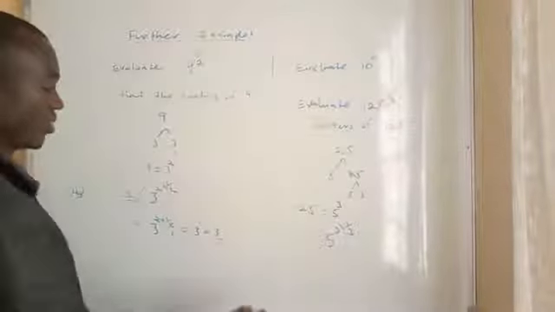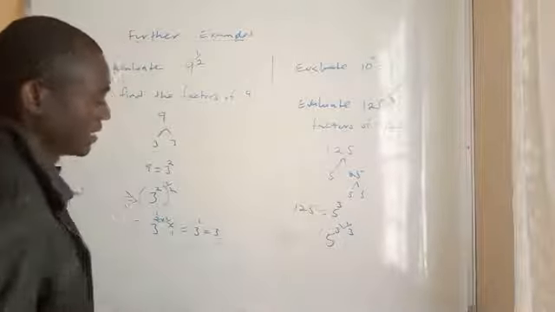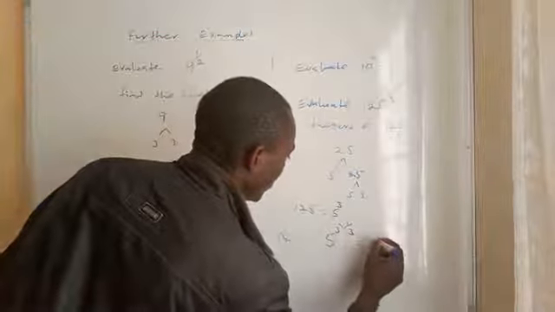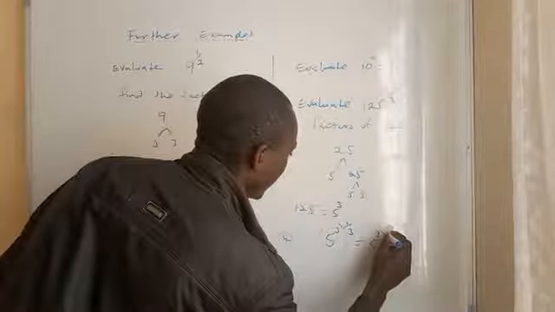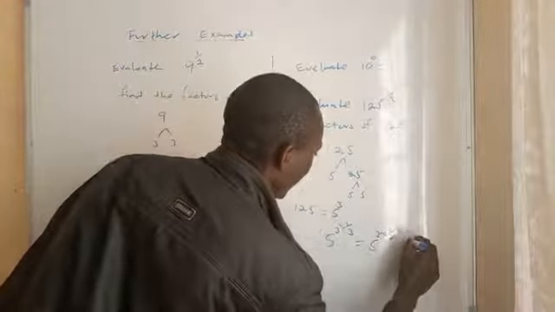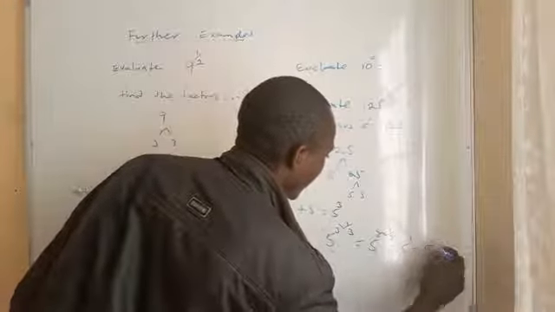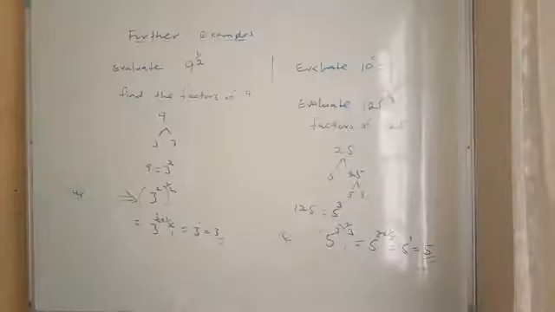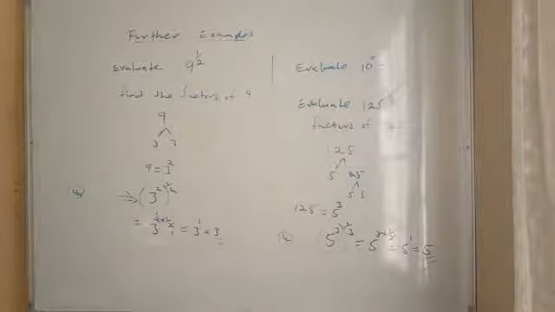I think that law number 4 has been applied. So this is 5 power 3 times a third. 3 and 3 cancel, remaining with 5 power 1, and the answer is 5.